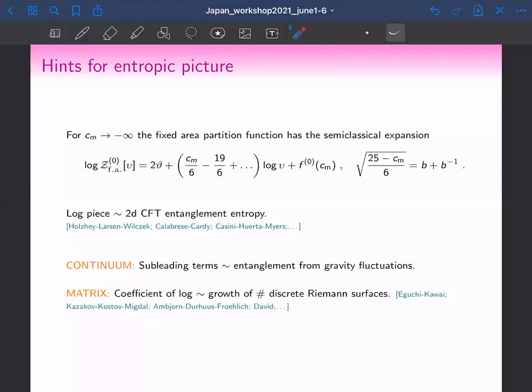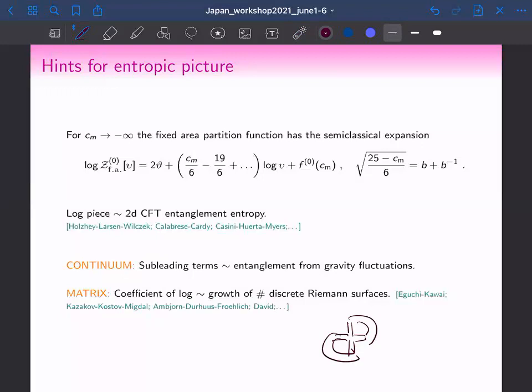In the matrix picture, we had all these beautiful diagrams over here. Maybe speculative, but the de Sitter entropy counts something, and the matrix integral counts diagrams. So maybe there is some connection between counting diagrams and the de Sitter entropy.